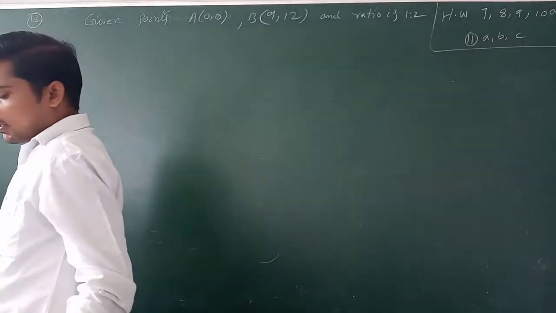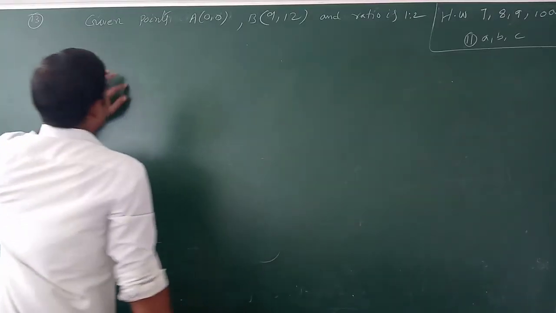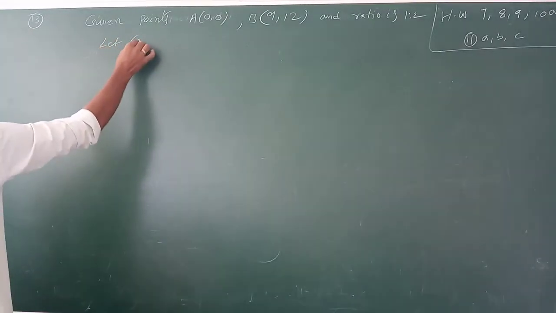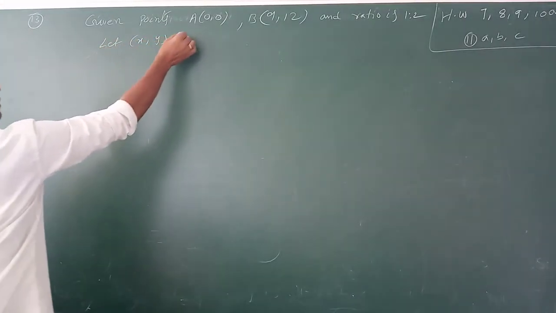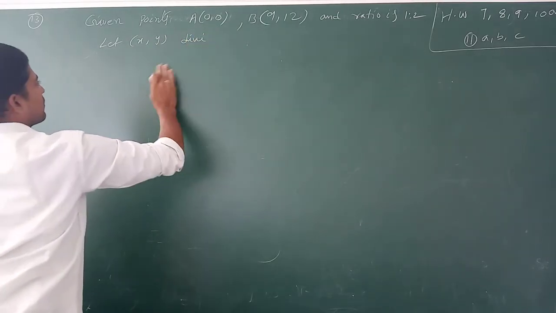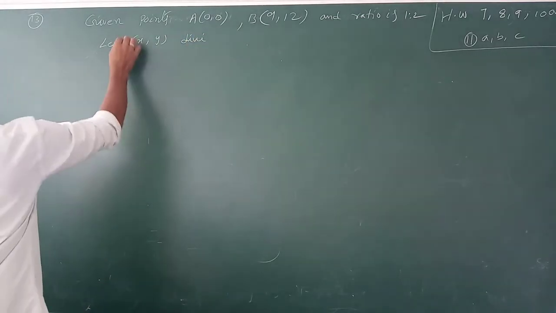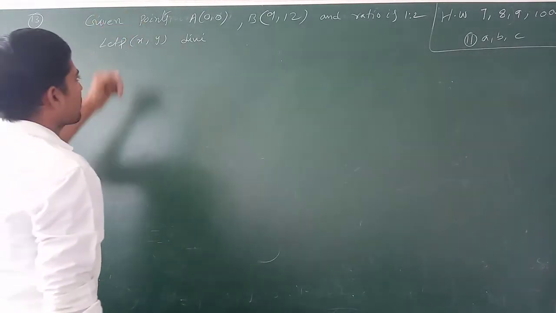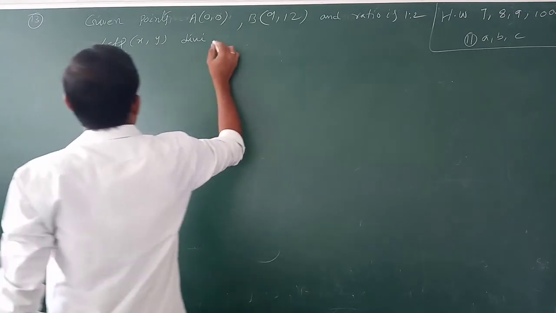So we need to find the coordinates of that point. Let P (x, y) be the dividing point.